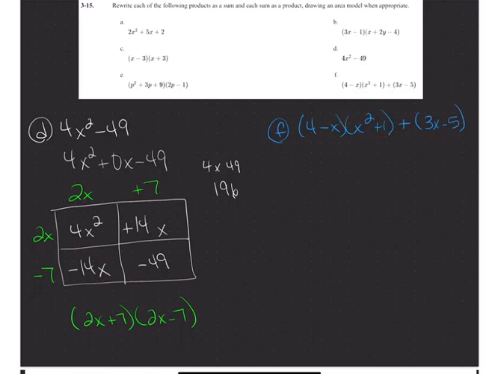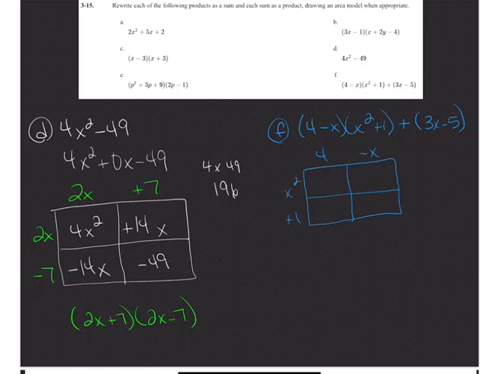So the first thing we have to do is, brackets, right? We have to multiply these two together. So we're going to use that area model to multiply these two together to simplify it, and then we're going to add these two on there, right? I'm not going to do the whole problem for you guys, so you guys get some practice on these. So this is 4 minus x, and this is x squared plus 1.